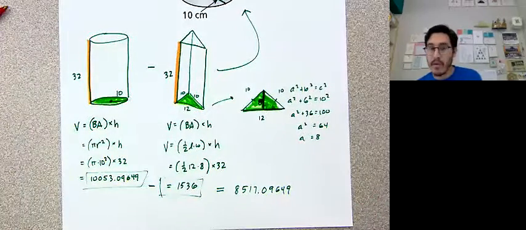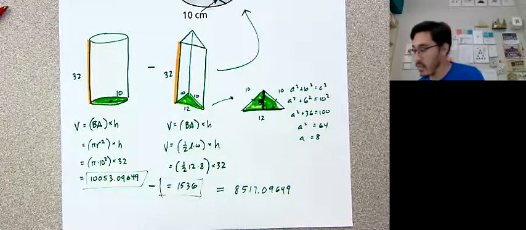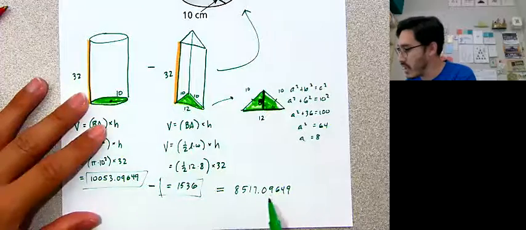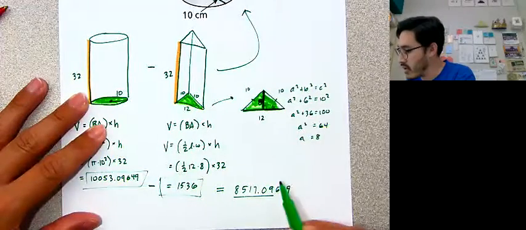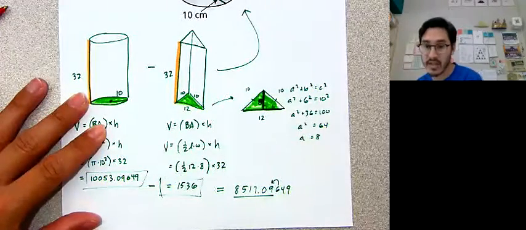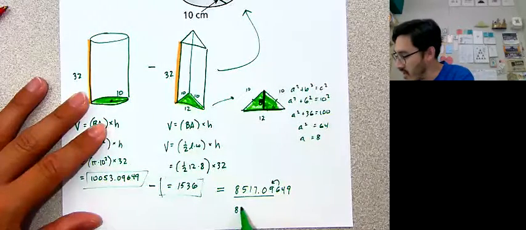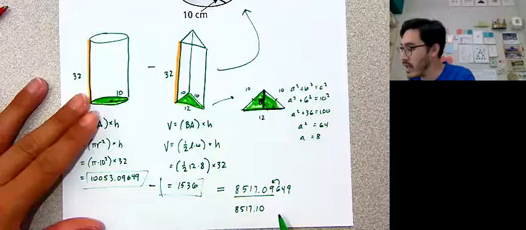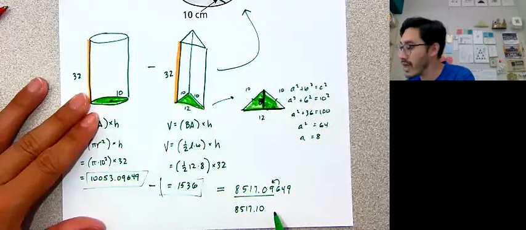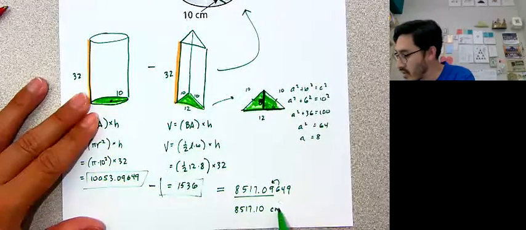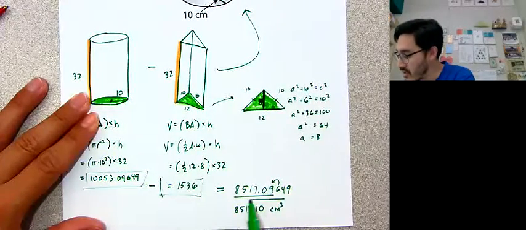Of course, Clever is probably going to say round to 2 decimal places. Because that third digit is a 6, we're going to round the previous digit up. And so we get 8,517.10. And this is volume, and it's centimeters, so it's cubic centimeters.